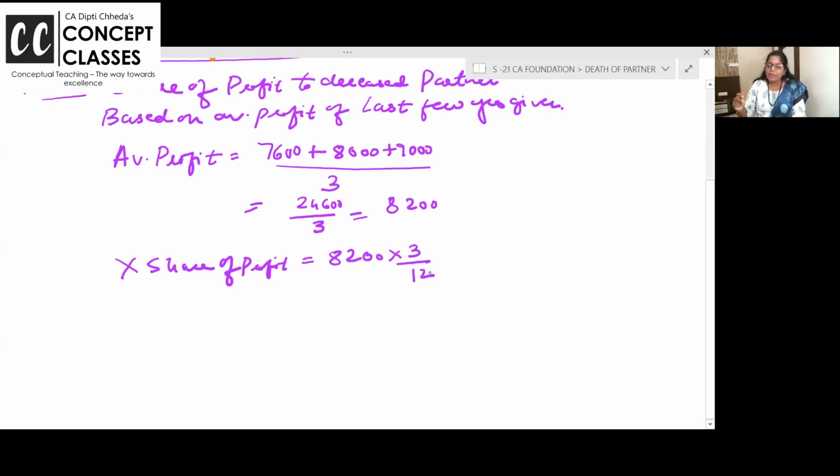So January, February and March, 3 months profit. And in that also X ka share is 3 by 6, 3:2:1 ratio. So how much you all are getting? 8,200 into 3 by 12 into 3 by 6. 1025 is the share of profit. This is like a working note problem, but nice for the concept, for the beginning.